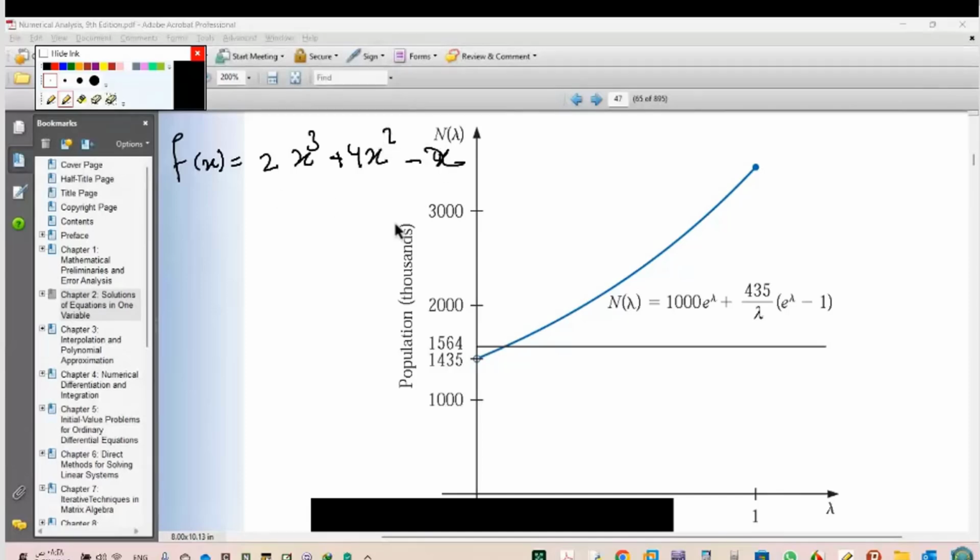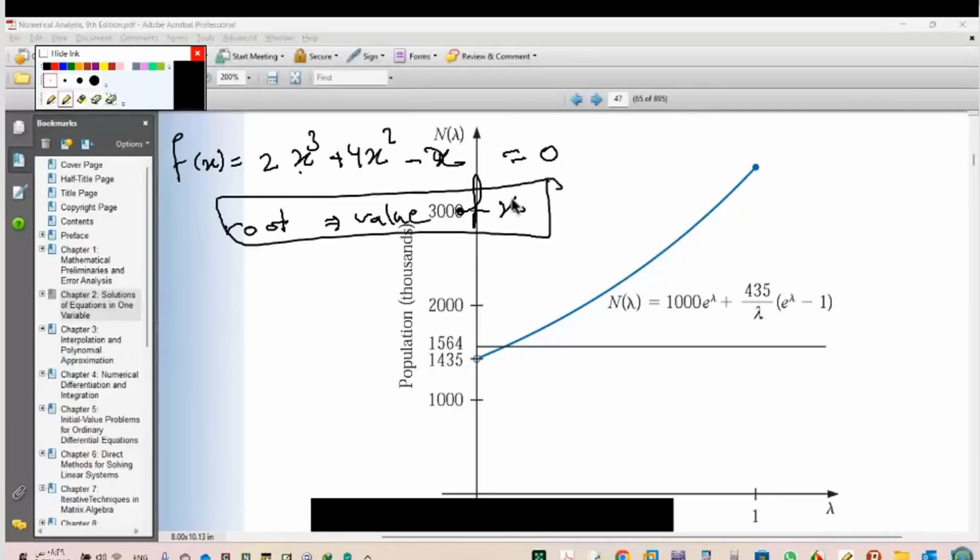For example, solution for this one is that we make this one to be 0. So 0 here means I want to find the root. Root means the value of x. So solution for this one is to find the root, the value of x.